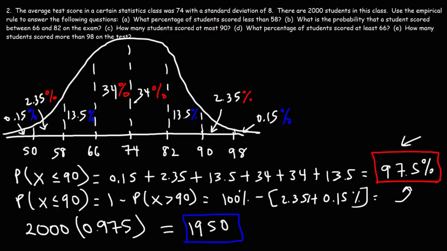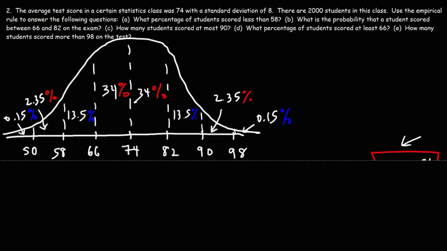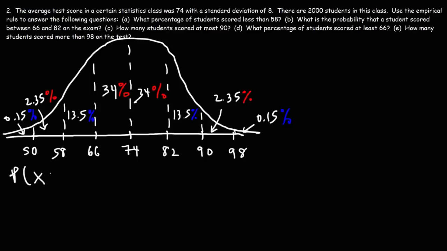Now let's move on to part D. What percentage of students scored at least 66? Go ahead and try that. So let's determine the probability that x is at least 66, which means it could be 66 or more. So it's greater than or equal to 66. So therefore, we need everything to the right of 66.